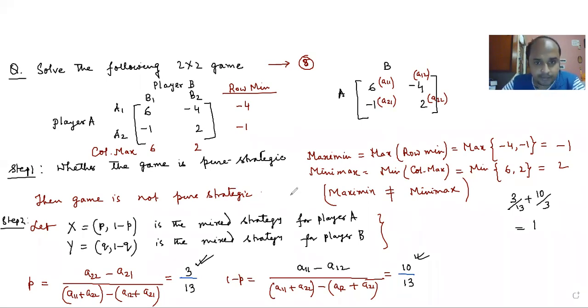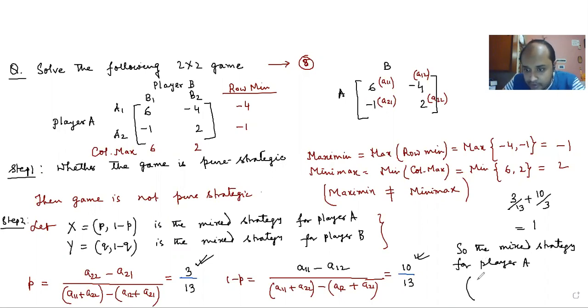Anyways, the confusion has been eradicated. Now you will write, the mixed strategy for player A is 3 by 13 and 10 by 13.